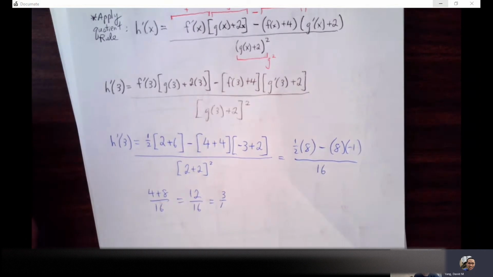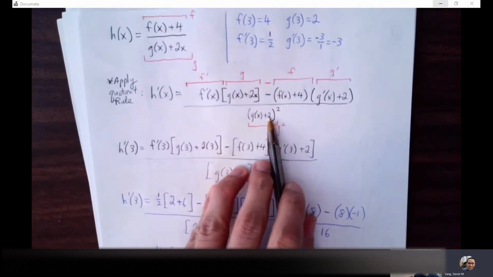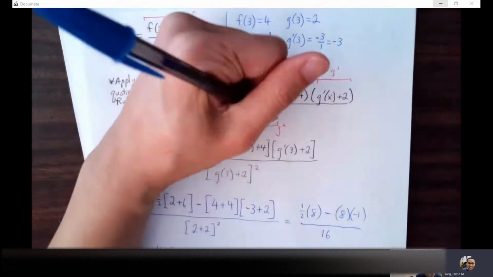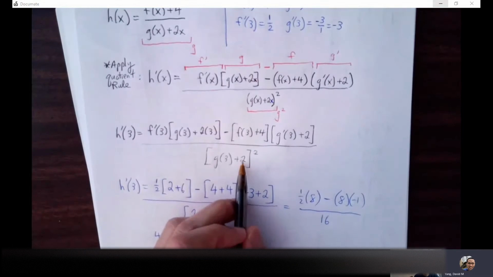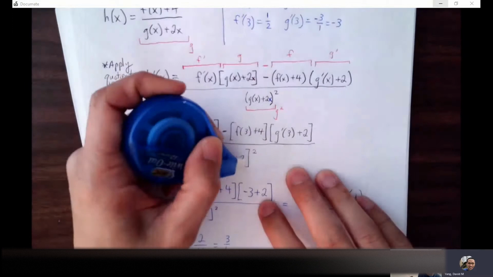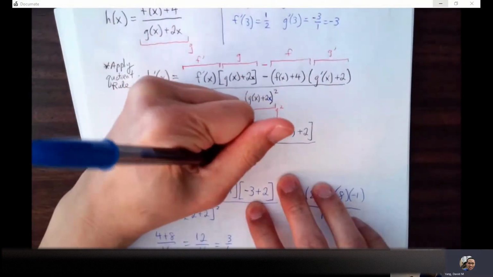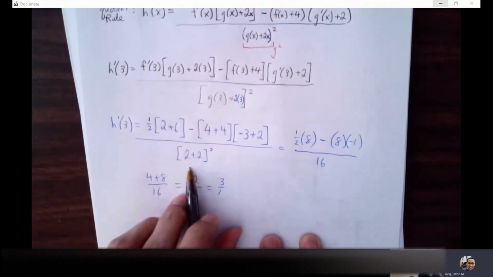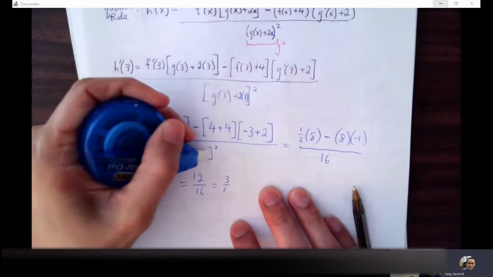Let's see here. g of x plus 2. Oh, okay, I messed up here. I did not copy down my denominator correctly. It should be g of x plus 2x. That's going to change things a little bit here. My x is 3, so 2 times 3 should be a 6. So I have 2 plus 6, that should be 8.